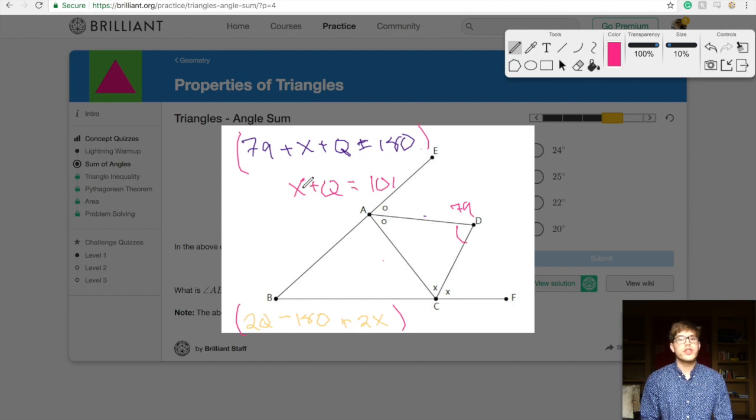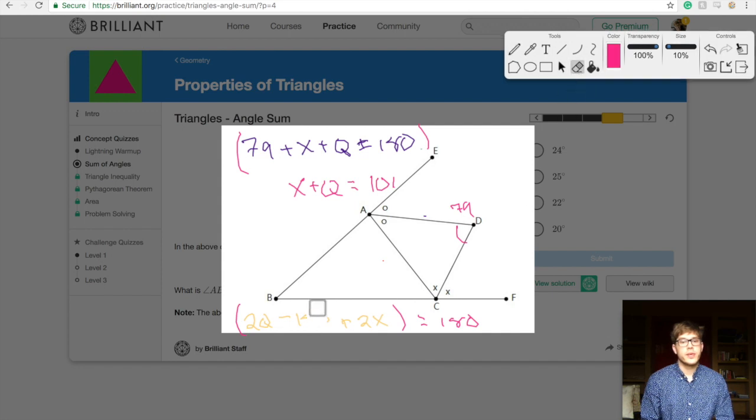So we have x plus q equals 101. And so how can we use this down here? Well, let's move this 180 to the other side. So we have 2q plus 2x equals 180.